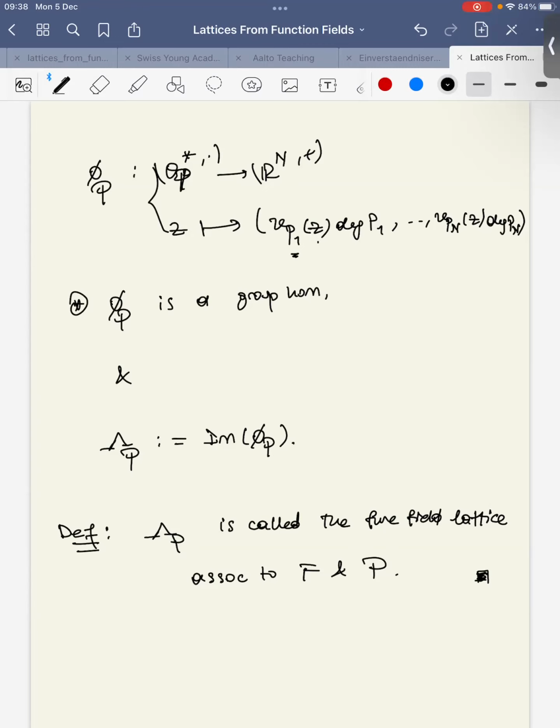Maybe the simple question I can ask is, what is the kernel of this map, and what can we say about the total image? Can we say something about its rank, its minimum distance, and so on? And these will be the notions I will try to explain in the following lectures.